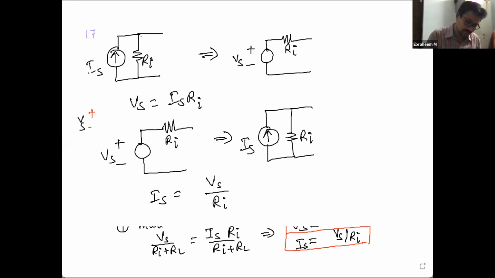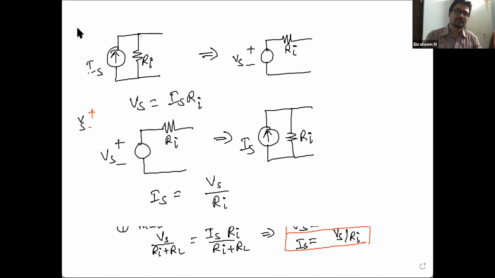So this is the simple step you need to do to transform sources, right? Understood? Here Ri is the internal resistance of both the sources.